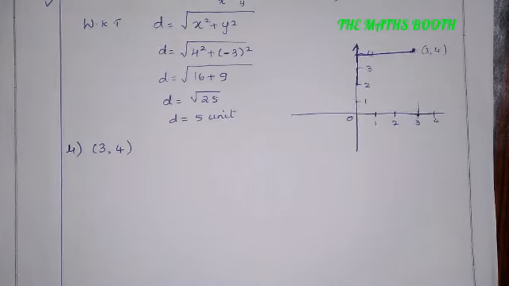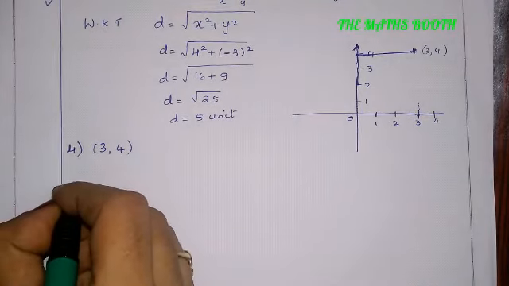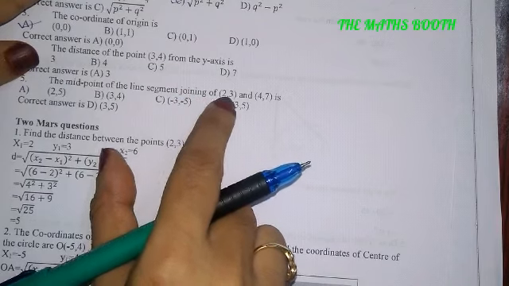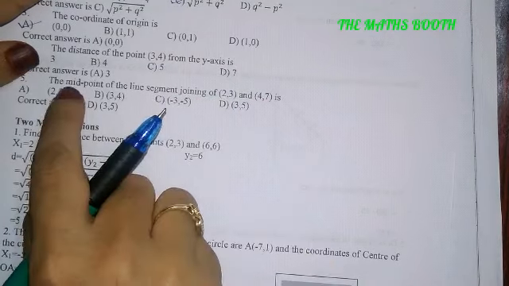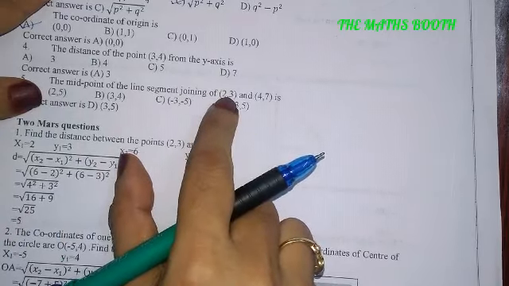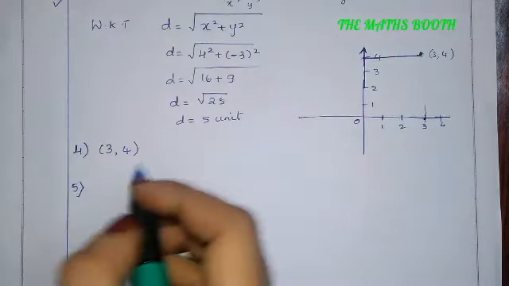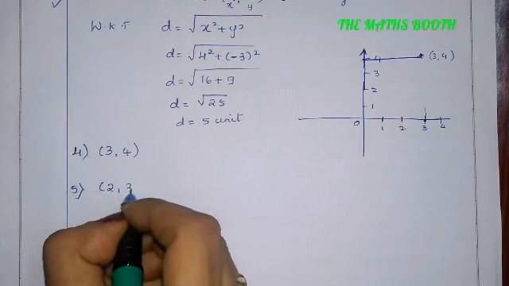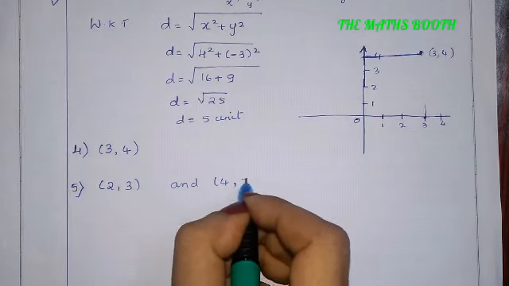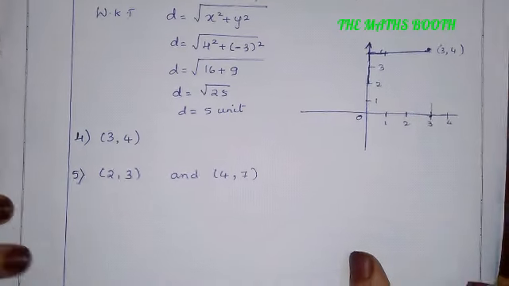Now next question, question number 5. The midpoint of the line segment joining 2, 3 and 4, 7 is. What they have asked is to find the midpoint.